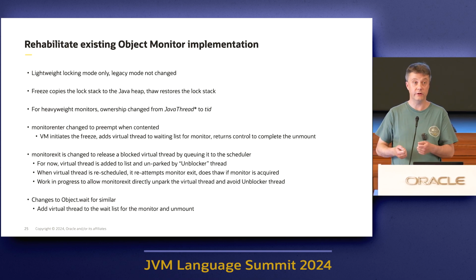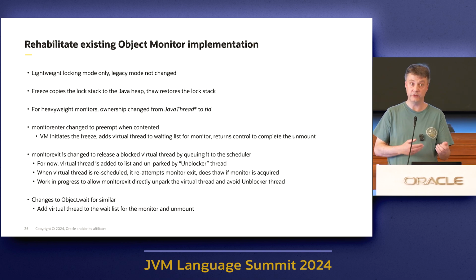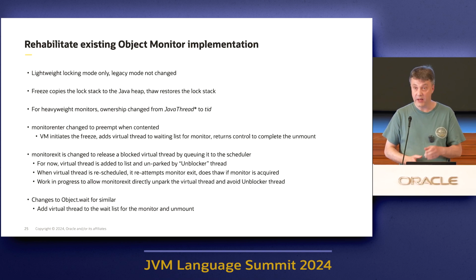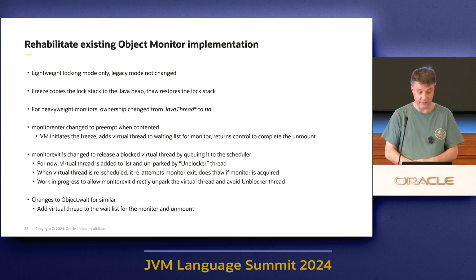So when I talked earlier about the mounting and the unmounting, it's doing the continuation yield, and that's causing, at least conceptually, all of these frames to get copied over into the heap, into this sort of GC managed object for all these stack chunks.